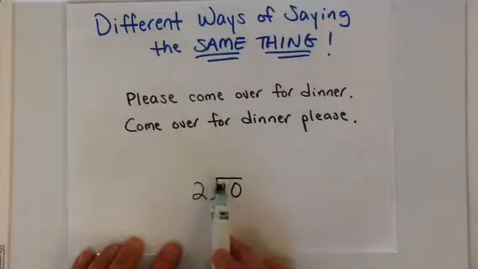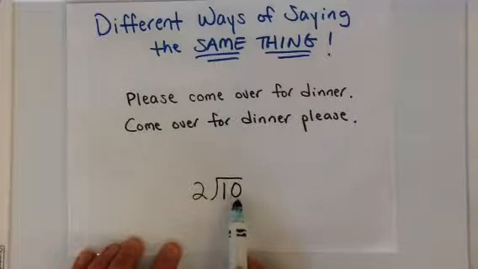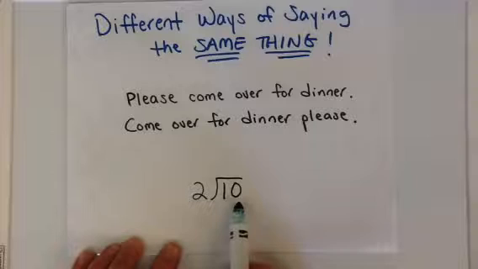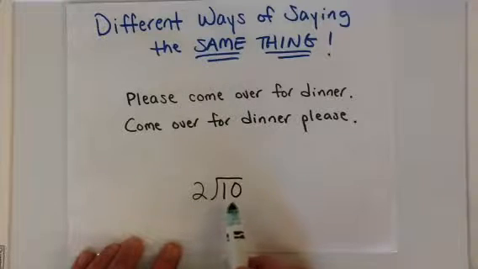Using the division box for division, we can read this problem from left to right, or we can read it from right to left. Although it's more conventional, more common to read it from left to right, as when saying the 2 first, 2 divided into 10, but there wouldn't be anything wrong with saying the 10 first, but you'd have to change the wording a little bit.